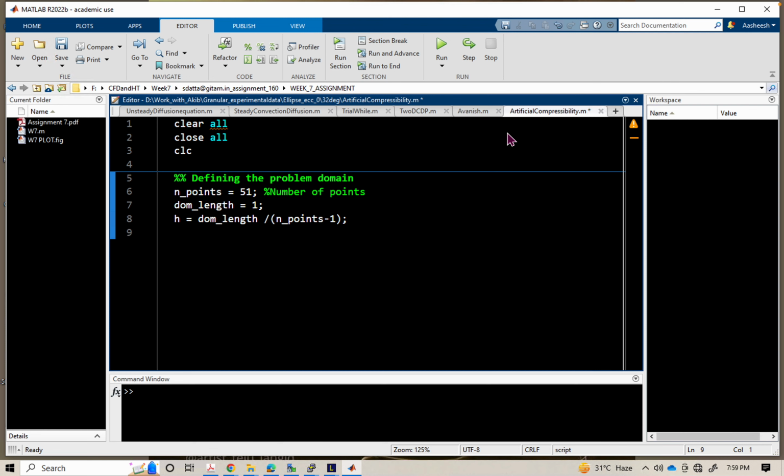These are same. Then I am discretizing x from 0 to domain length in h sections, in different section by h difference.